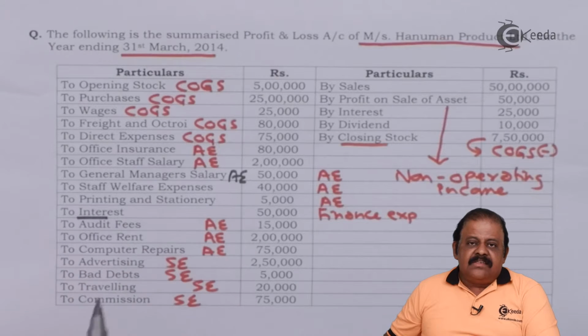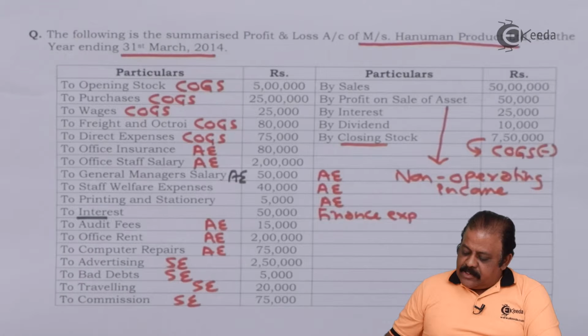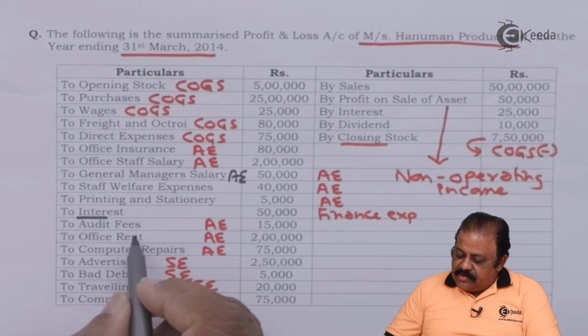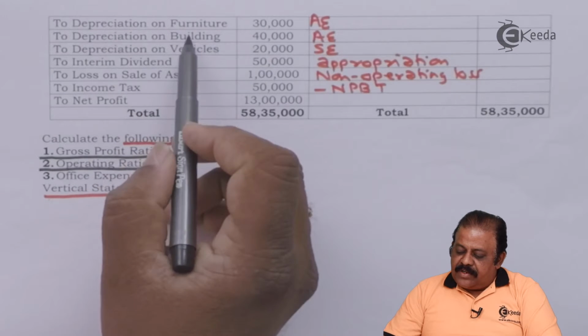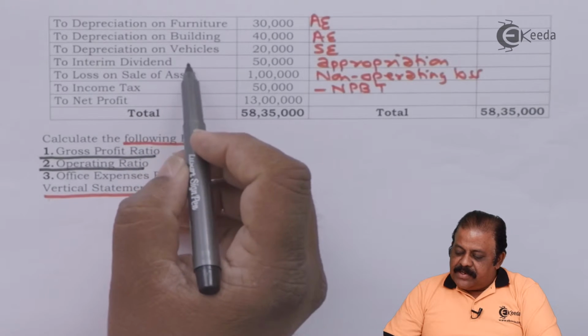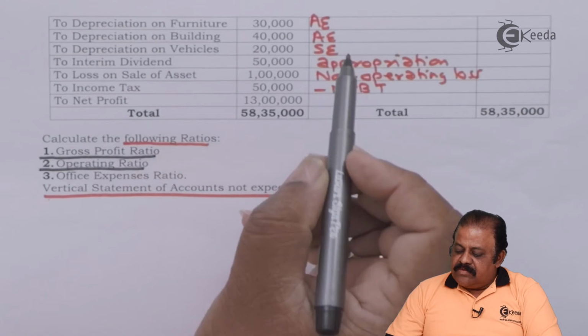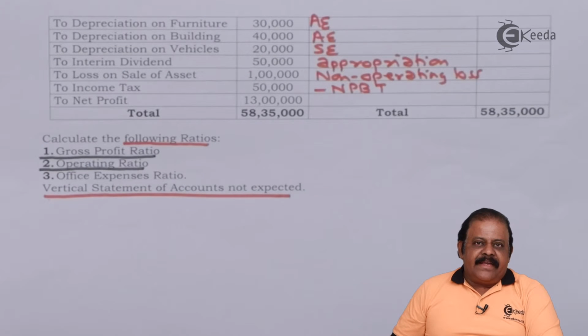Interest will not be considered as part of operating expenses. Audit fees, office rent, computer repairs, advertising, bad debts, traveling, commission, depreciation on furniture, depreciation on building, depreciation on vehicle. These will be considered as operating expenses.